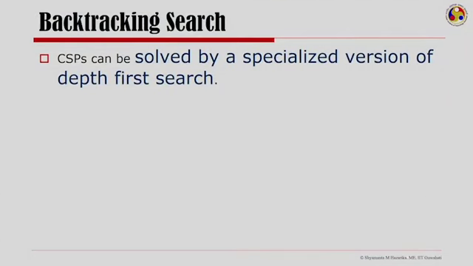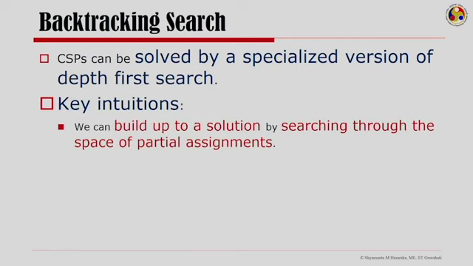So, we can look for a specialized version of depth first search. CSPs are solved by this, and the search is called backtracking search. The key intuition is that we build up to a solution by searching through the space of partial assignments.